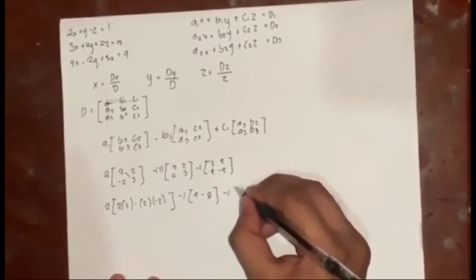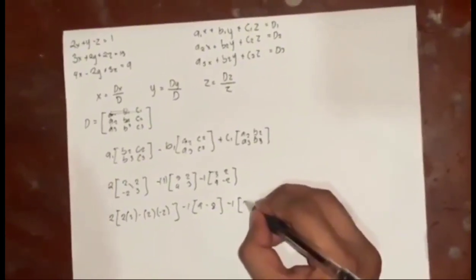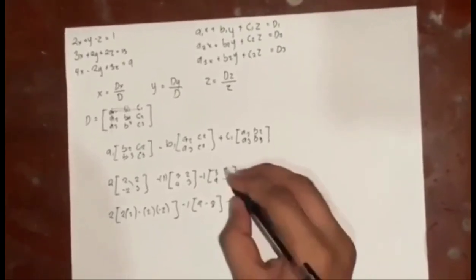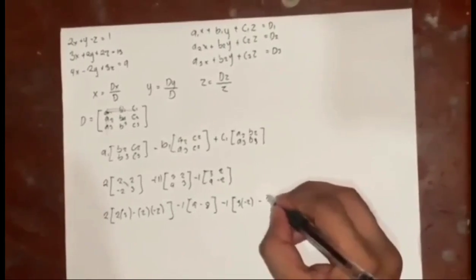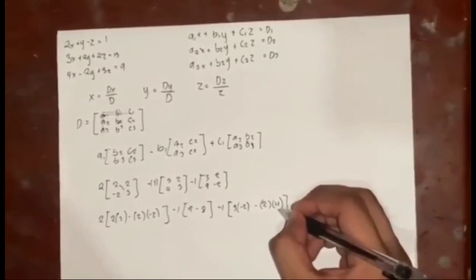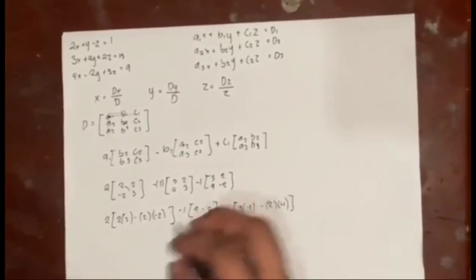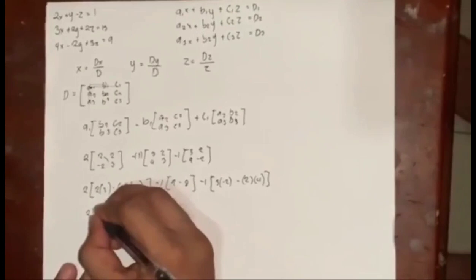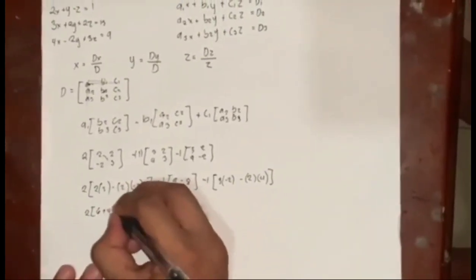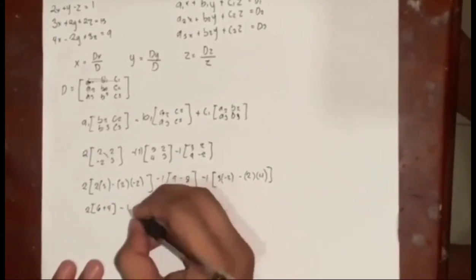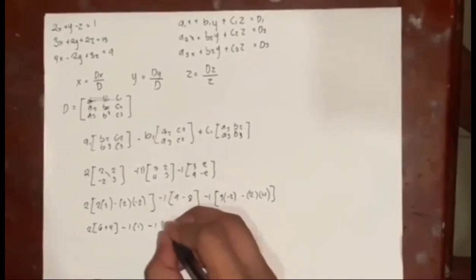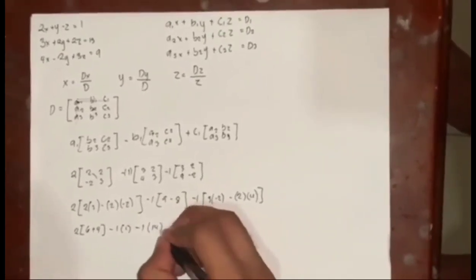Negative 1 over 3 times 2 times negative 2 minus 2 and 4. 2 times 4. 2 over 6 plus 4 minus 1 times 1 minus 1 over 14.